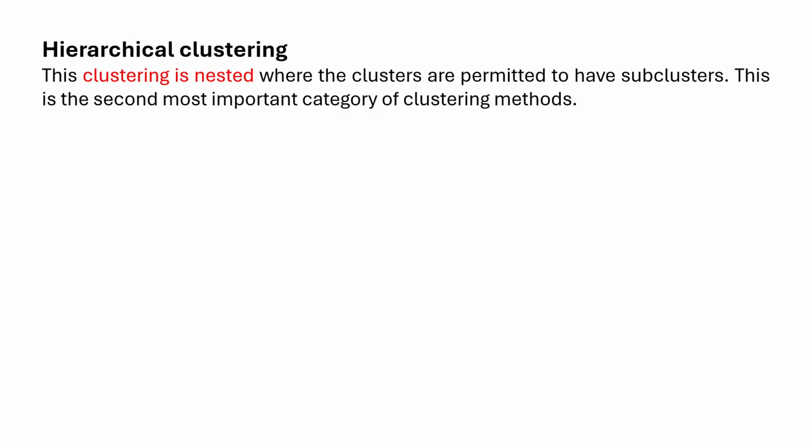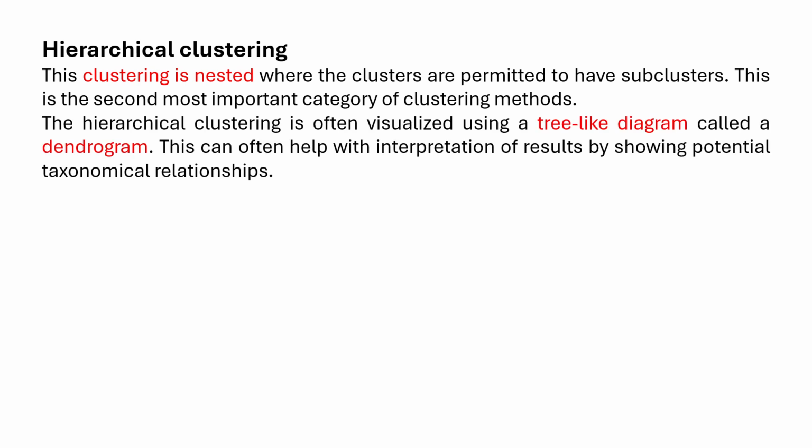This clustering is nested, where the clusters are permitted to have subclusters. This is the second most important category of clustering methods. The hierarchical clustering is often visualized using a tree-like diagram called a dendrogram. This can often help with interpretation of results by showing potential taxonomical relationships.